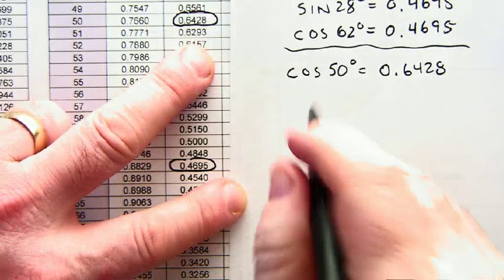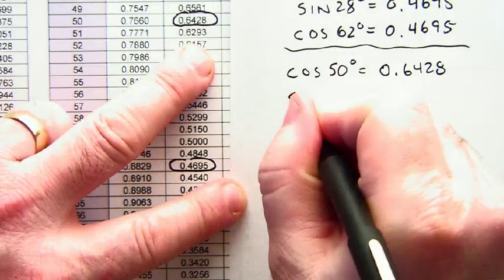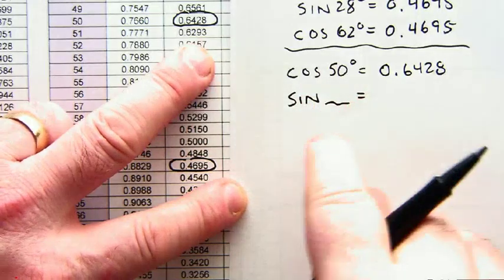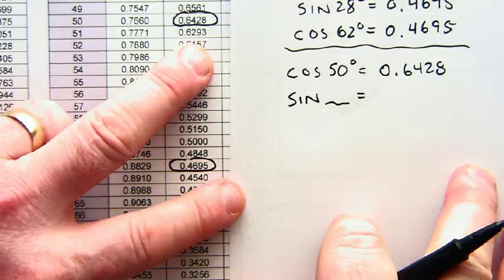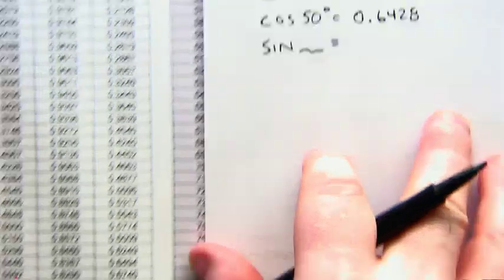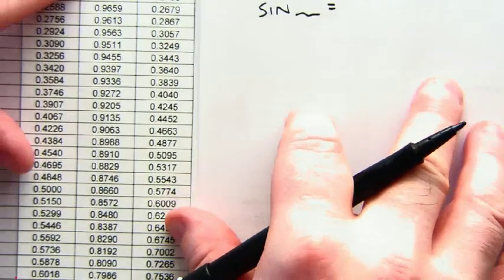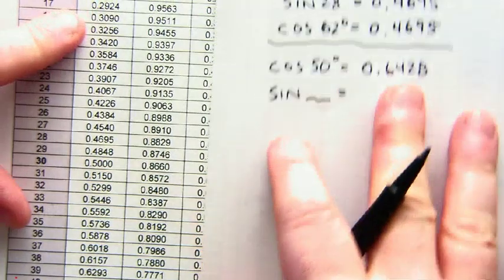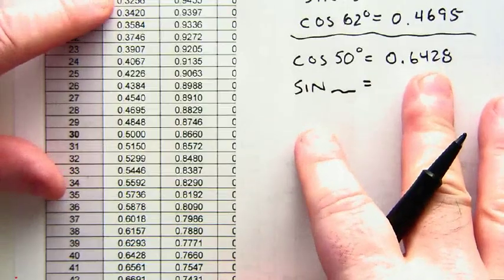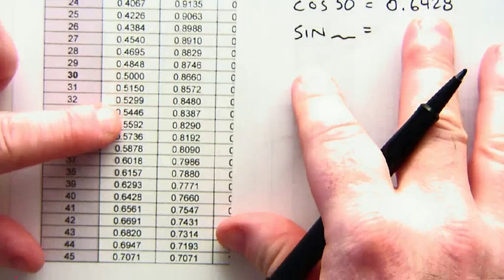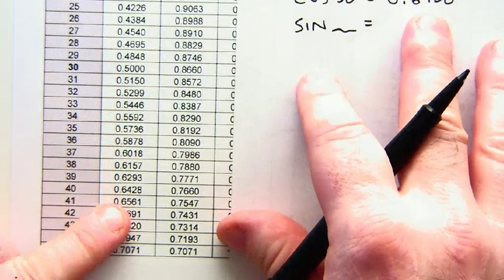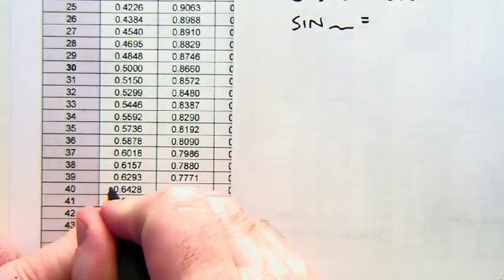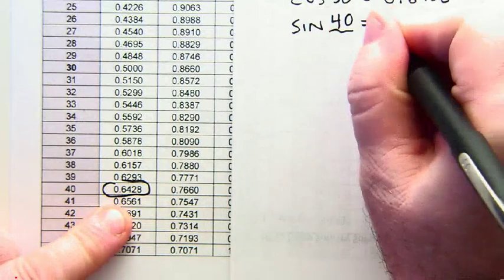And where do you think we will find it in the sine column? Let's see if you're seeing a pattern yet. If you don't see it, let's go track it down. Let's see, sine, and we're looking for 0.6428. There it is, right there. At 40. Wow, that's interesting.